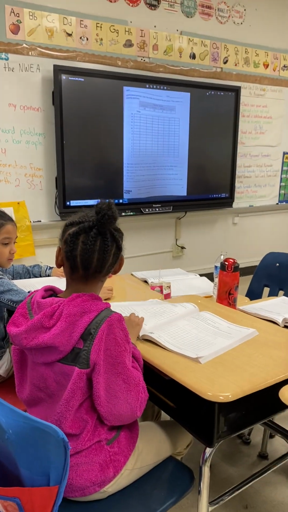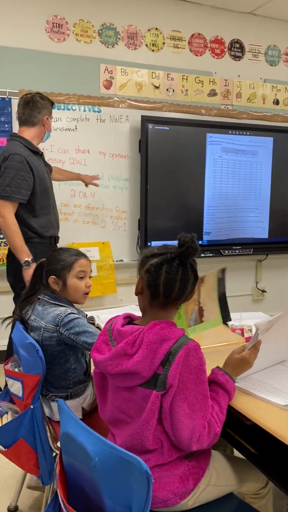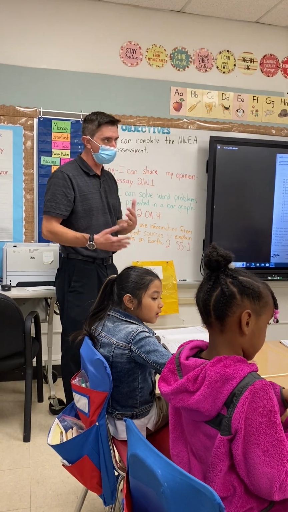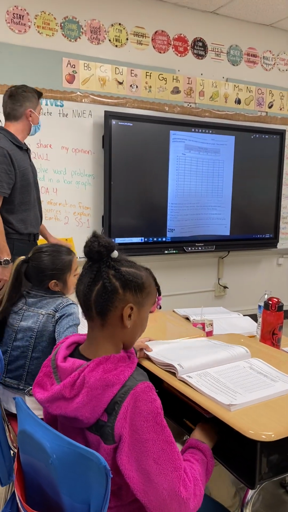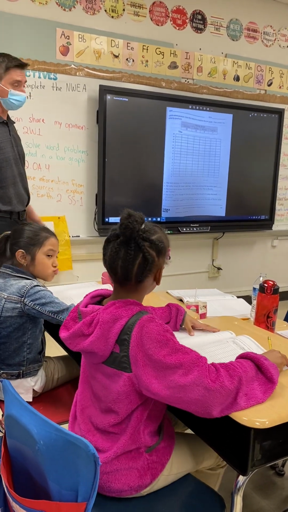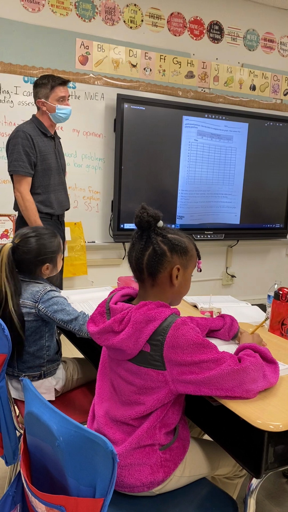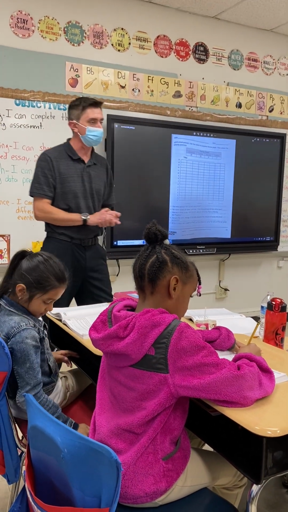All right, so our objective today is I can solve word problems using data presented in a bar graph. So we're continuing to work with bar graphs. And there's a couple words in there that we're familiar with, word problems, which is why we're doing this first one together.